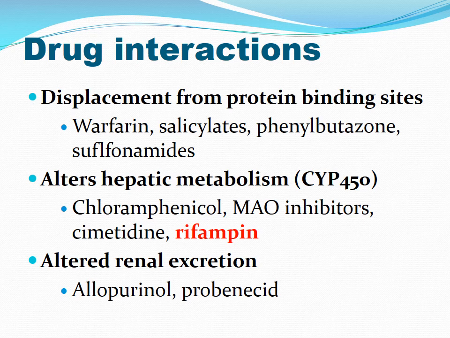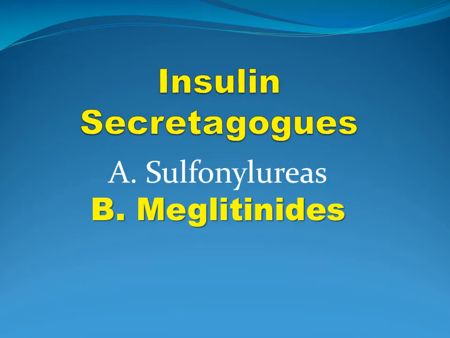Third, altered renal excretion: both allopurinol and probenecid, drugs used for treatment of gout, may affect the renal excretion of these drugs.